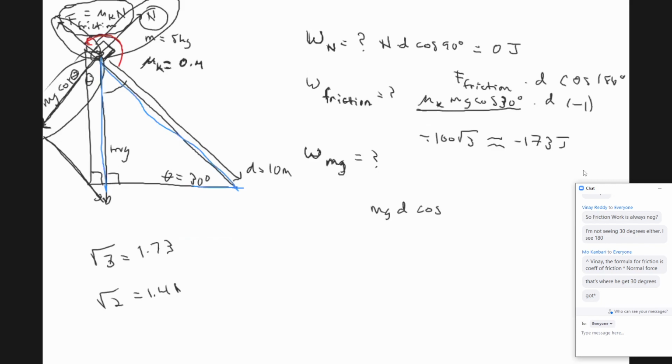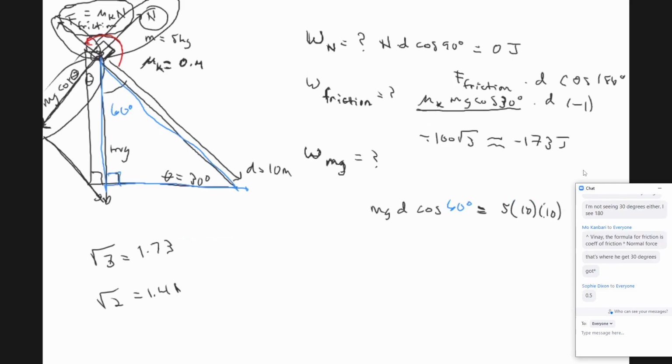Correct. 90, 30, 60. What's cosine of 60? Look at the helpful right triangles from last week. Yep. Times a half. So that's going to be equal to 250 joules.